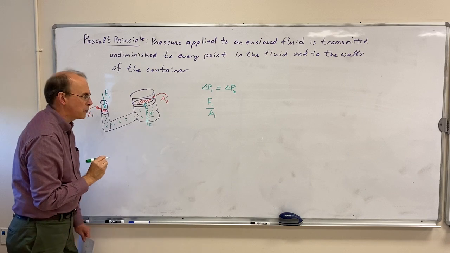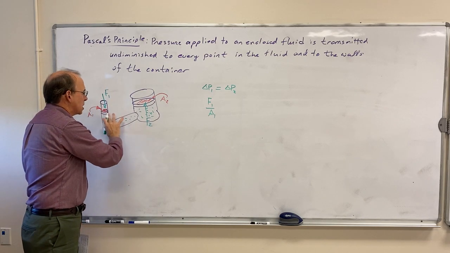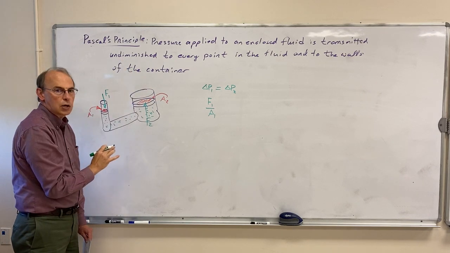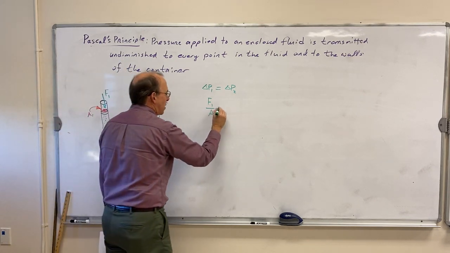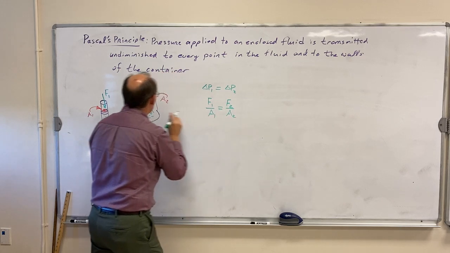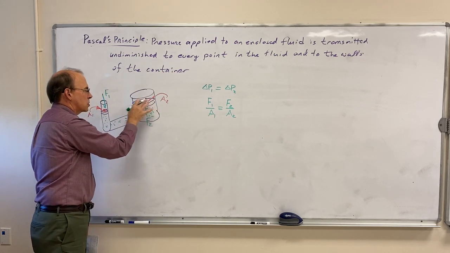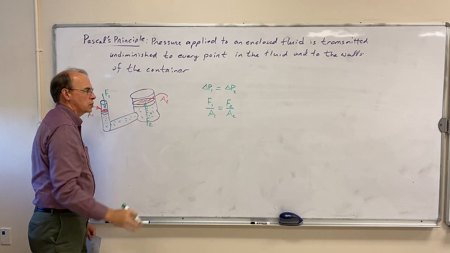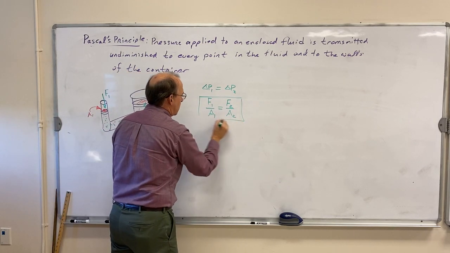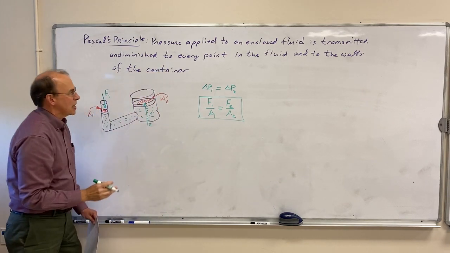That's the definition of pressure. That pressure increase gets transmitted everywhere in here. That's what Pascal's principle says. And so that pressure increase will be F2 over A2 over here. That pressure gets applied everywhere, on this larger piston. And this is, for this example, my statement of Pascal's principle.